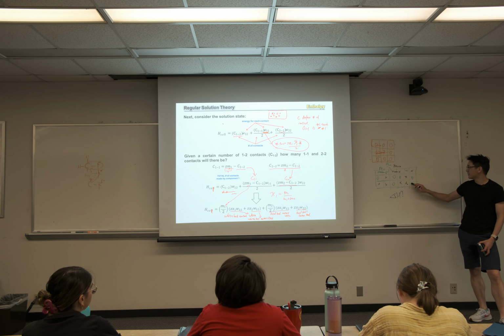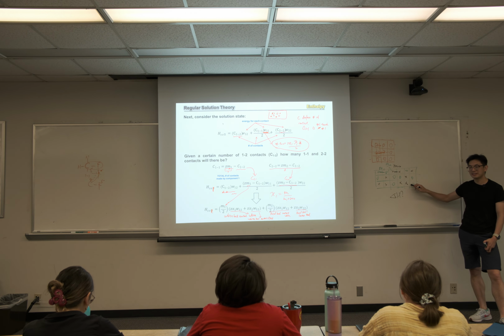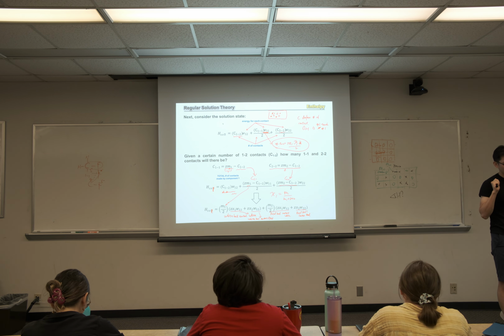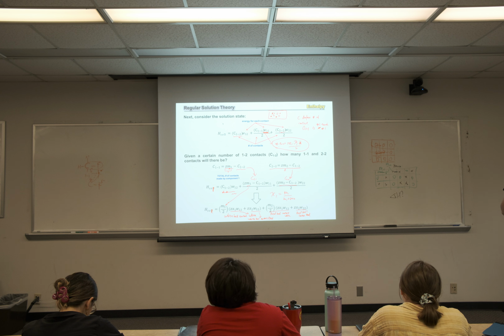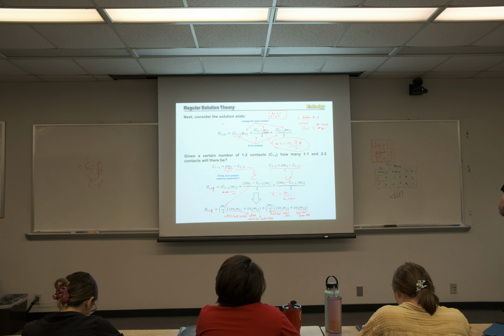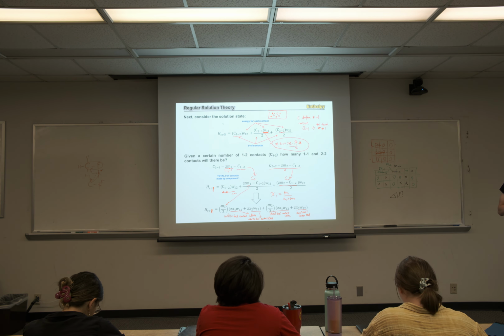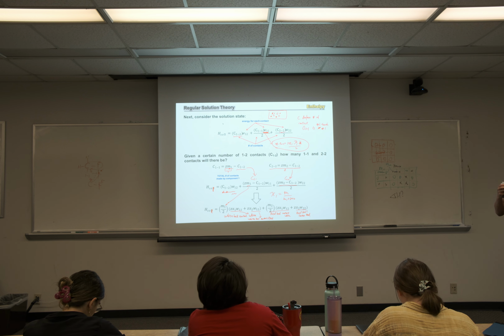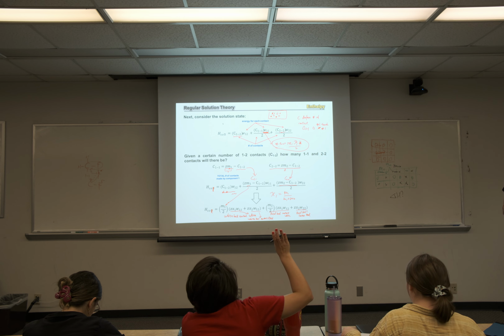We have some of the pair 1, M11. So we need to count how many is M11, how many is M22, and how many is M12. Then we can get delta H. Because we just need to know those 3 parameters, then we can simply add them together.